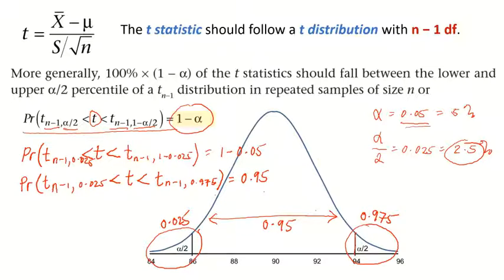Everything here in the middle is 95%, and these boundaries are 0.025 and 0.975 respectively.